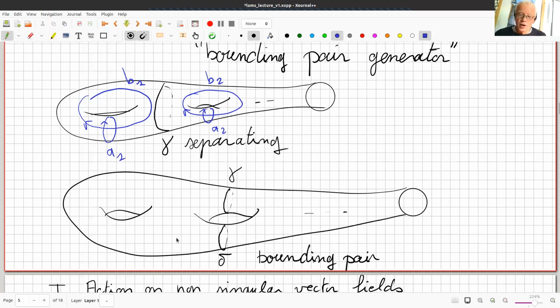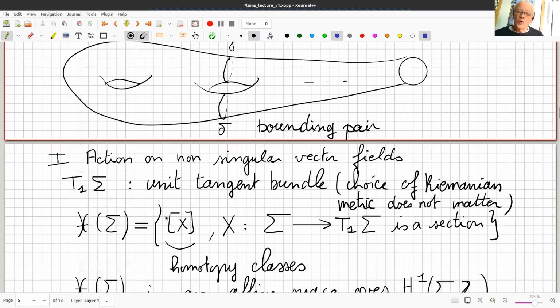Okay, so you have a certain composition of specific Dehn twists. So this was kind of an introduction to the topics: the surface, the mapping class group, its natural action on homology, and an interesting subgroup, which is the kernel of this action.